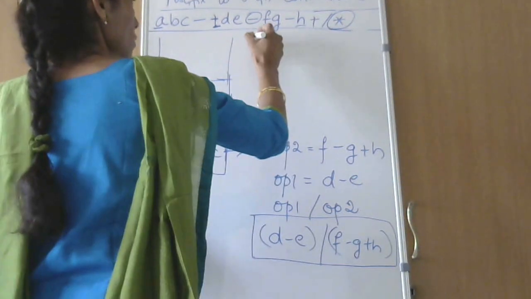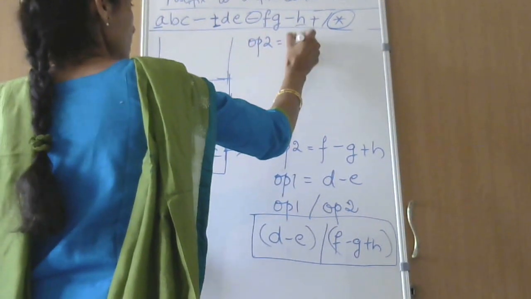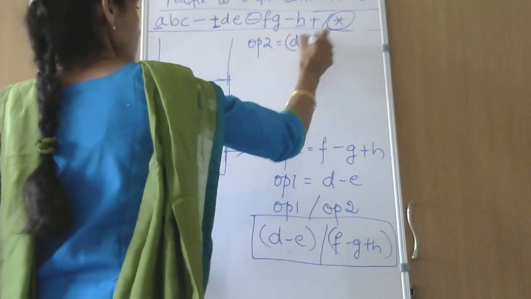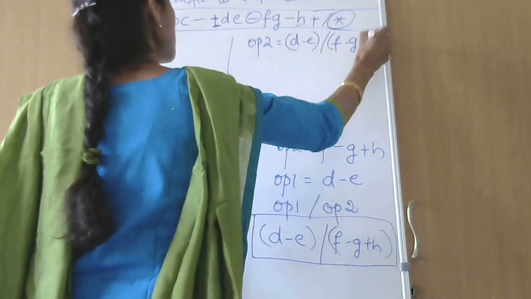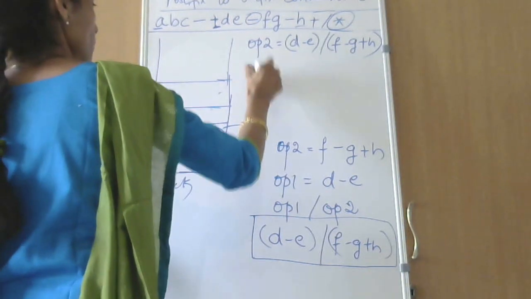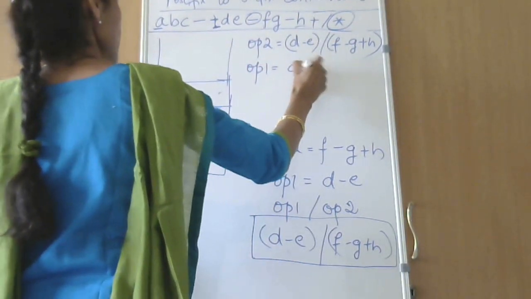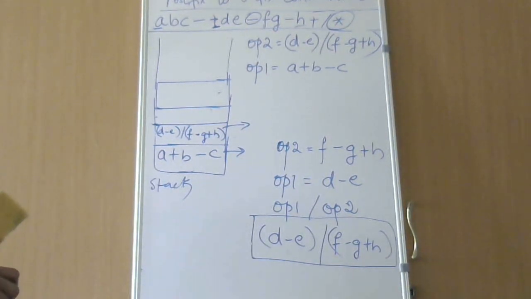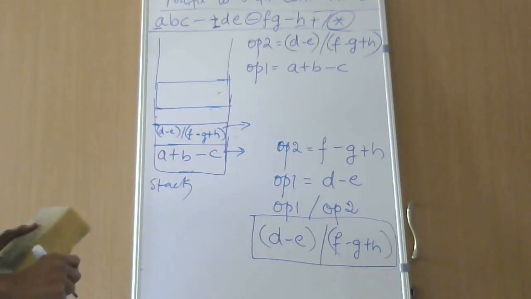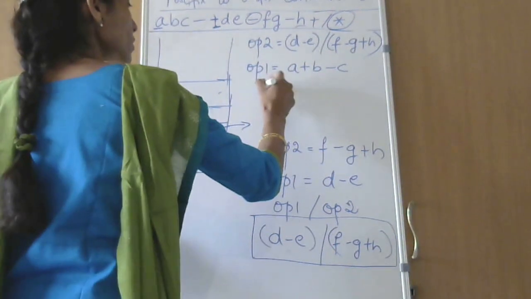So, OP2 will be D minus E slash F minus G plus H. OP1 is going to be A plus B minus C. Okay. So, what is the operation that you have to do?